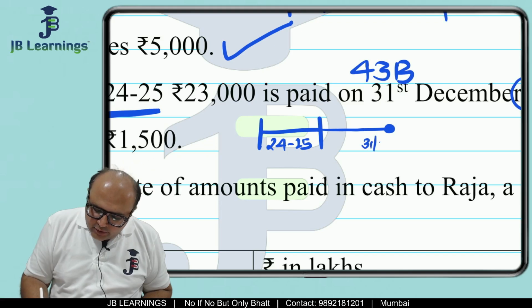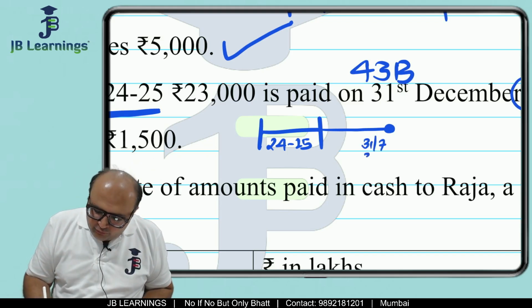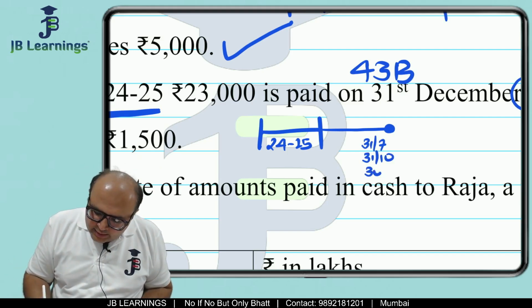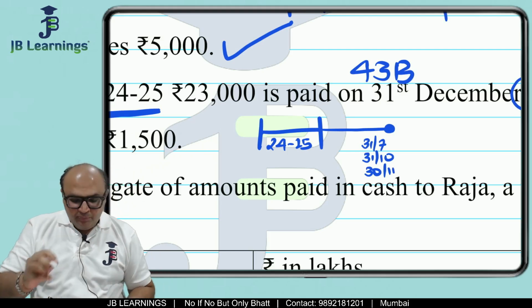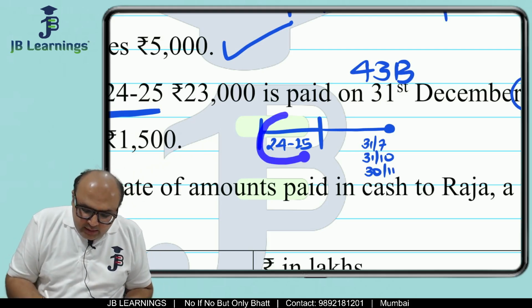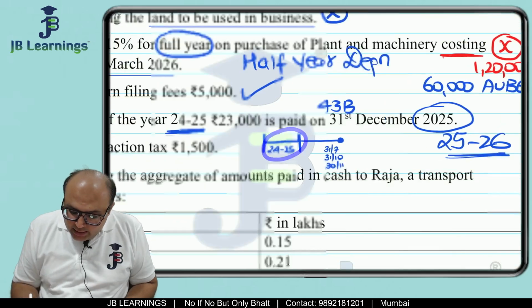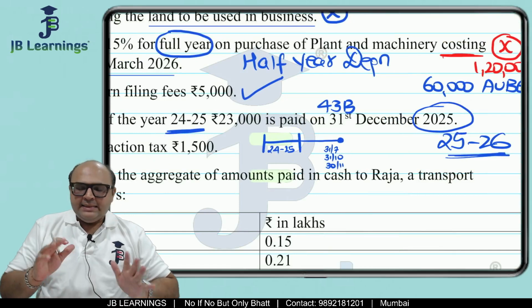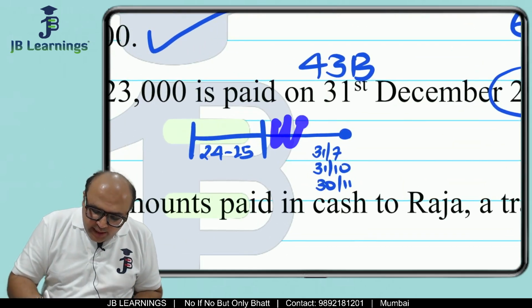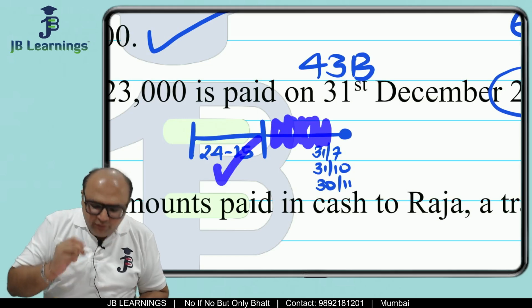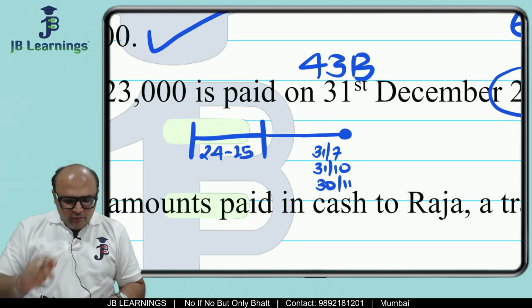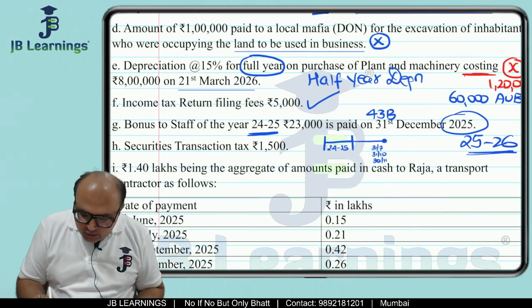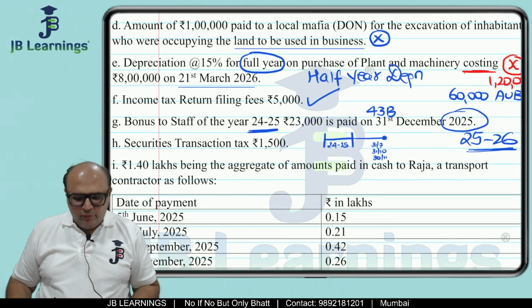It is 31st of July, or for some assessee it is 31st of October, or for some assessee it is 30th of November. But friends, this year's bonus is paid on 31st December 2025. It means it is not paid up to the due date of return filing of 24-25.